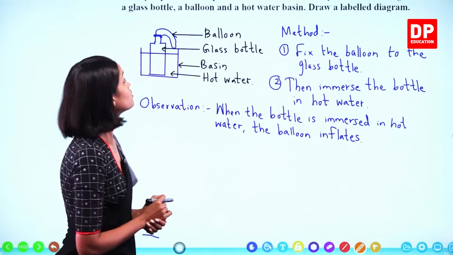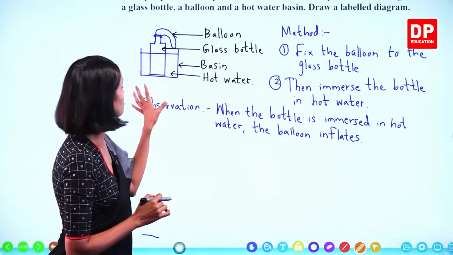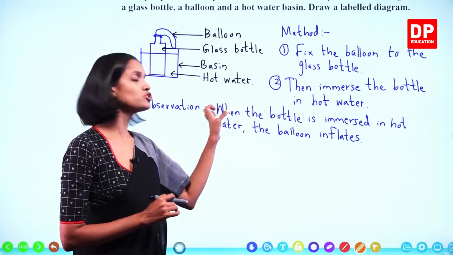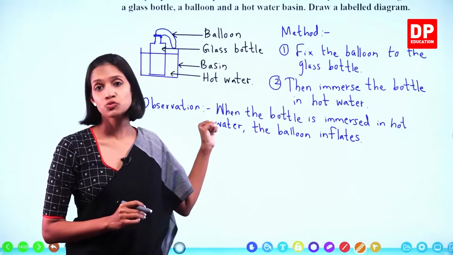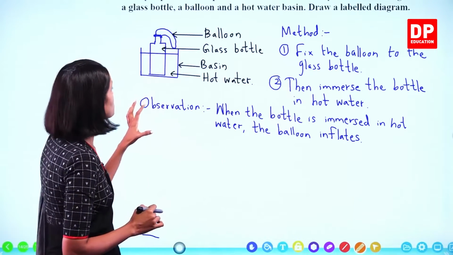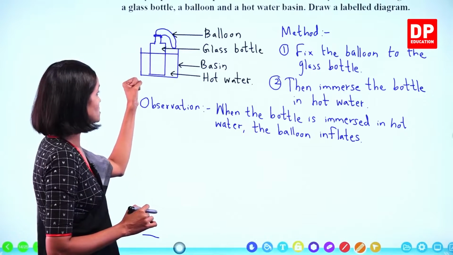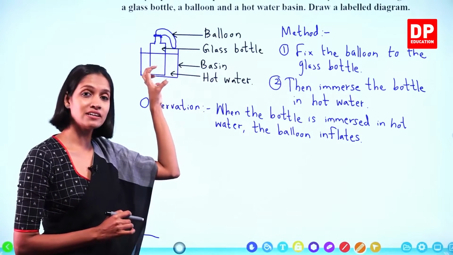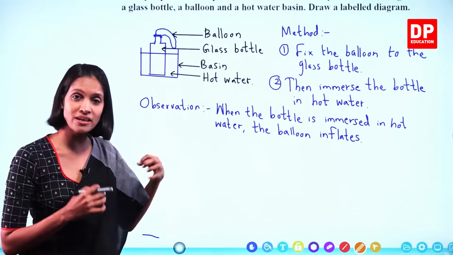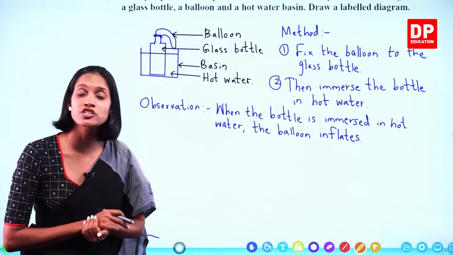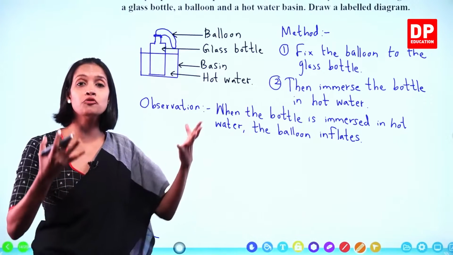Right. Now, how to prove that because of this observation, heat can do work, children? We all know when you immerse this glass bottle in hot water, the air inside the glass bottle gets heated up and air expands. Expansion of air means increase of volume of air.